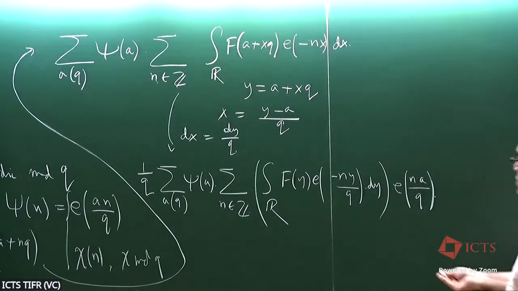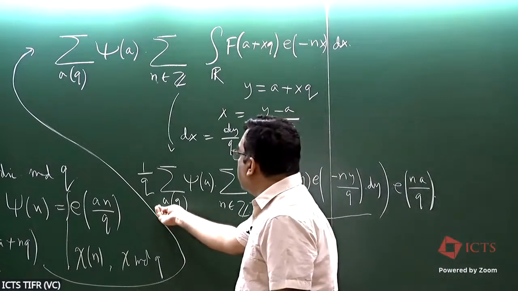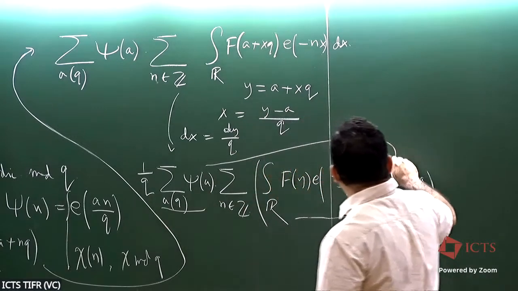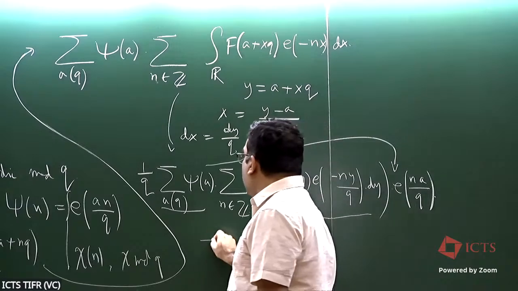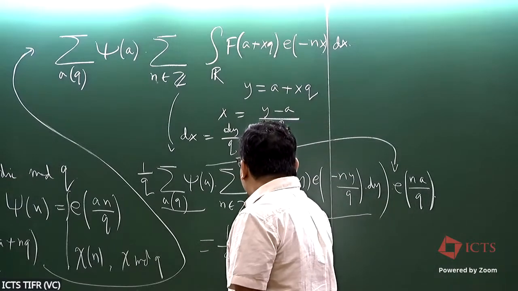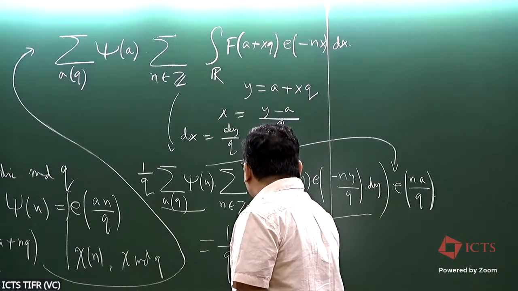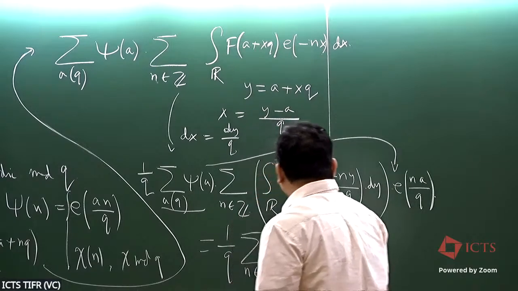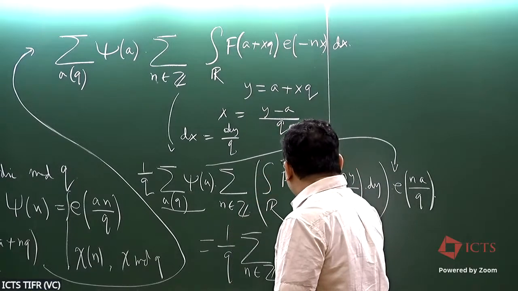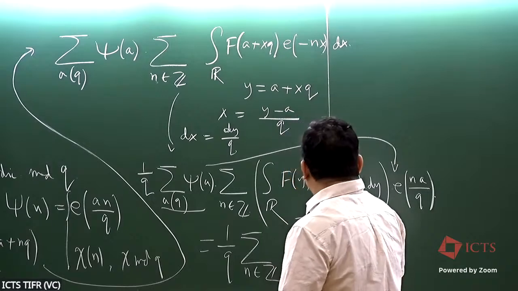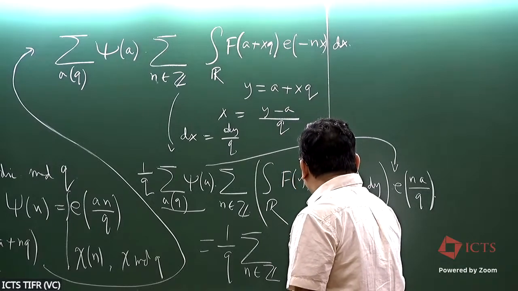Okay, and this part doesn't depend upon a, so I can take the sum over a and put it inside with this one. So I'll get 1/q, the sum over n running over all integers of the Fourier transform of F at n/q.